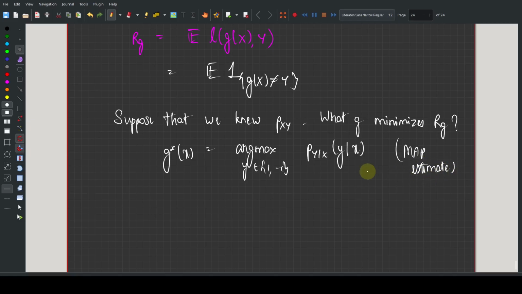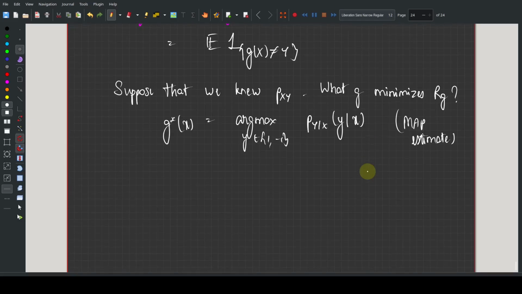This is all well and good, but in most applications of interest, we don't know what PXY is. In the special case of digital communications, we have a model for the channel, in which case we can design the MAP estimator. But in most problems of statistical learning, we don't know what P of y given x is.